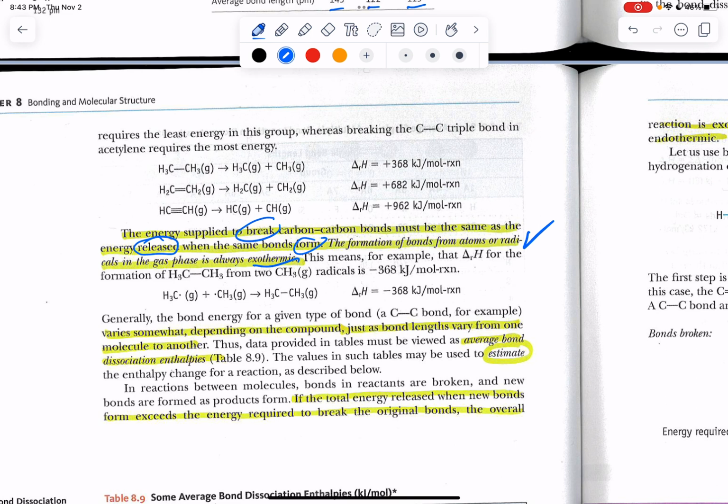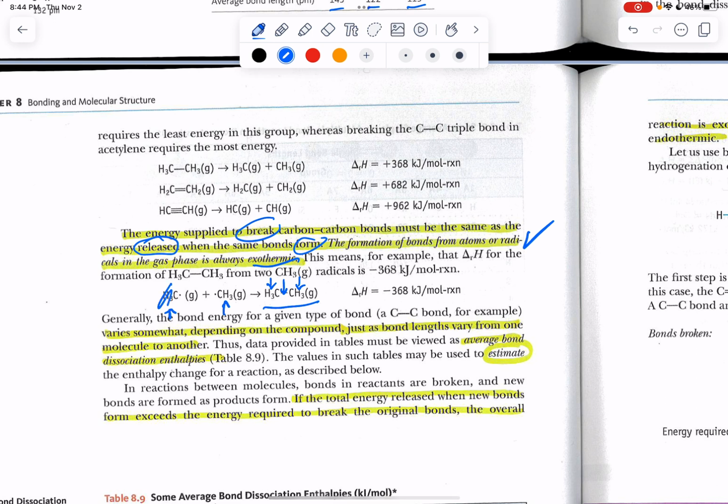And so in a molecule like this, it looks like you've got 3 carbon-hydrogen bonds and 3 more carbon-hydrogen bonds that have to be broken. But then when you create this molecule on the right here, you've got the same making of 3 carbon-hydrogen bonds, making of 3 more carbon-hydrogen bonds, but then you're also making a carbon-carbon bond.